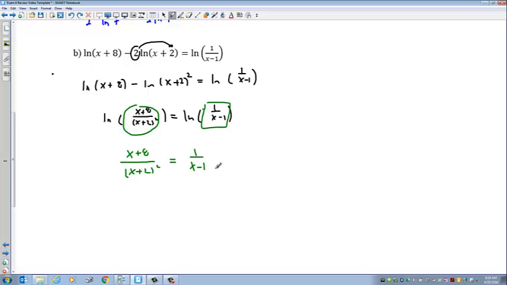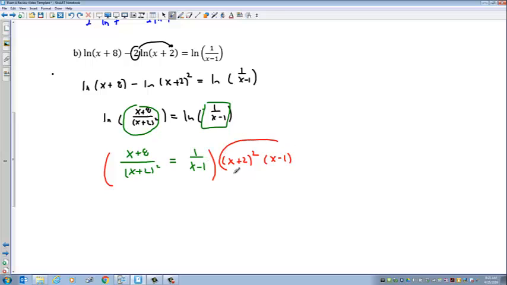Now this is a rational equation, and to solve a rational equation you need to clear the denominator. So what I'm going to do is multiply both sides by x plus 2 squared, because that'll clear the denominator on the left, and also times x minus 1, because that'll clear the denominator on the right.